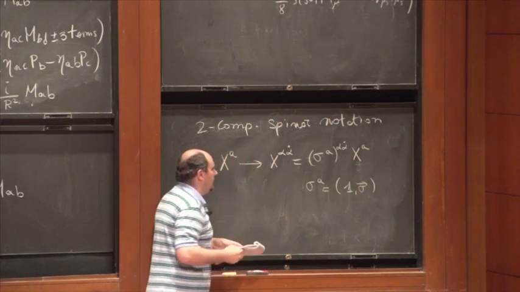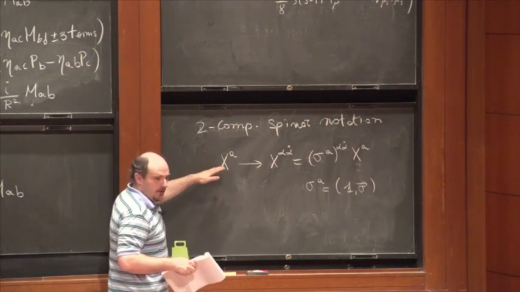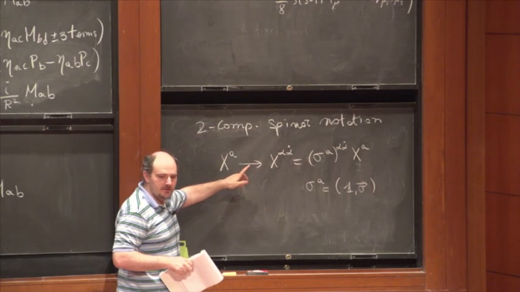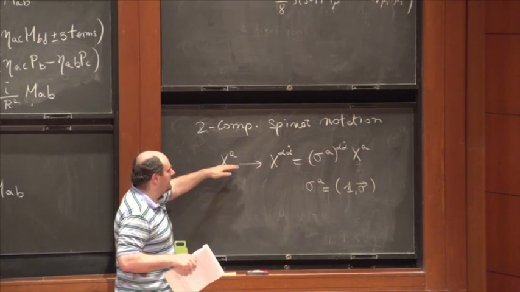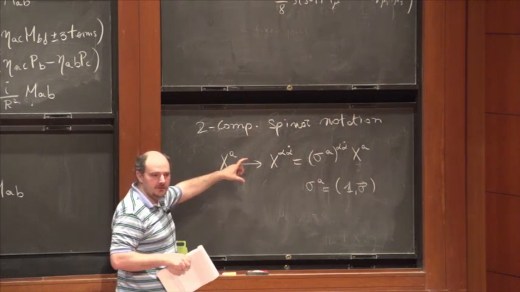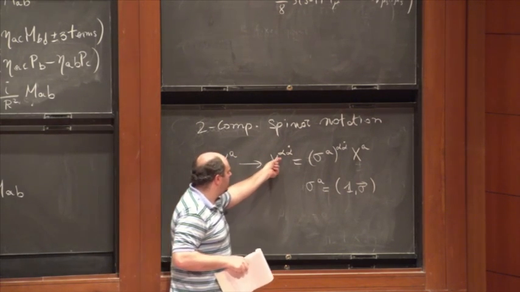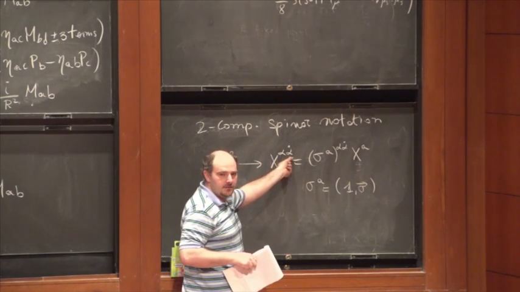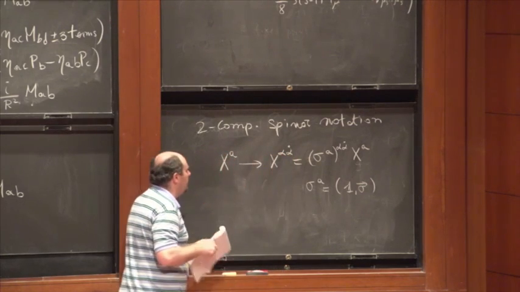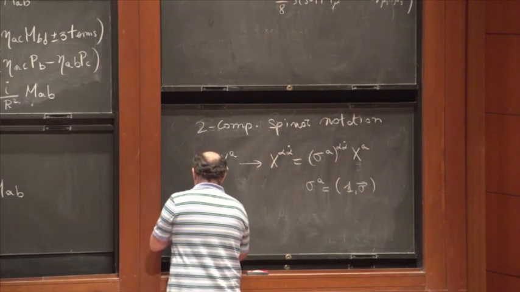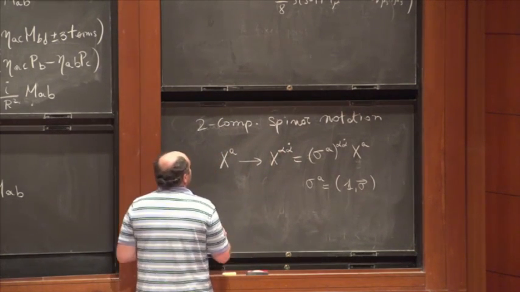So this is just, I hope, a familiar thing that you can do in 4 dimensions. It's basically a form of the isomorphism SO(4) equals SU(2) cross SU(2). So you can split one vector index into the product of (1/2, 0) and (0, 1/2) representations of SU(2) cross SU(2).